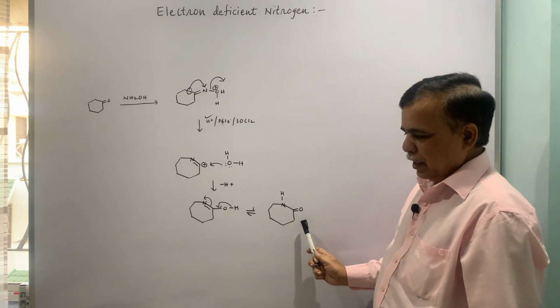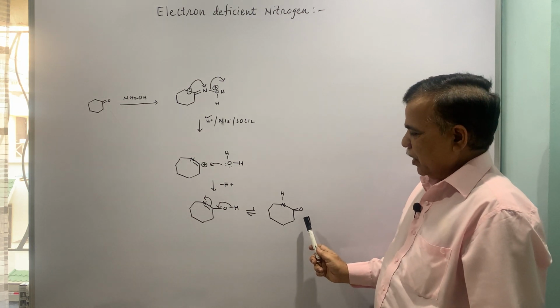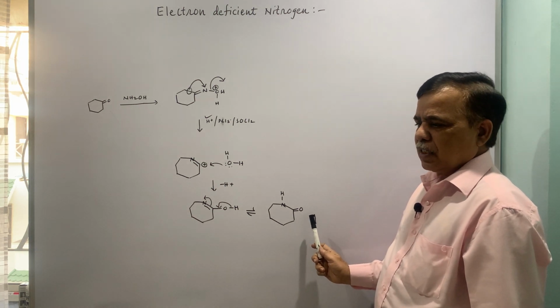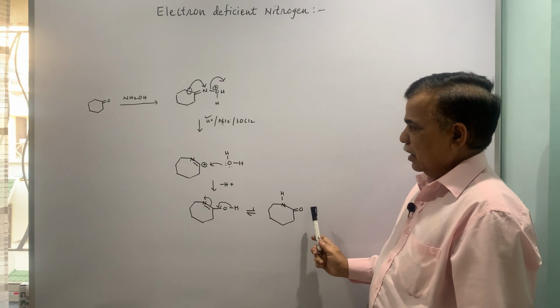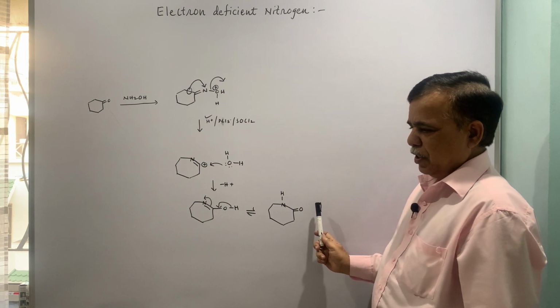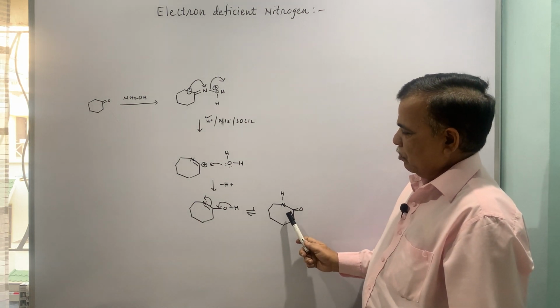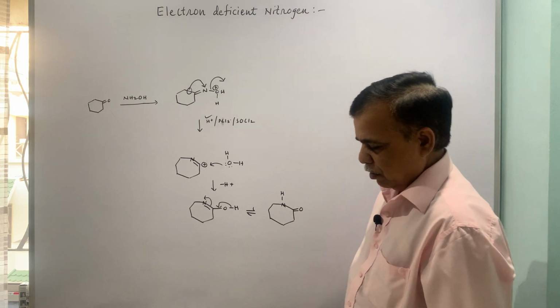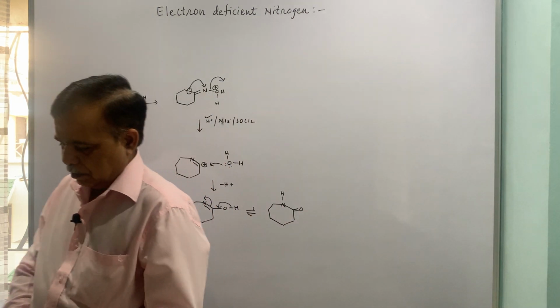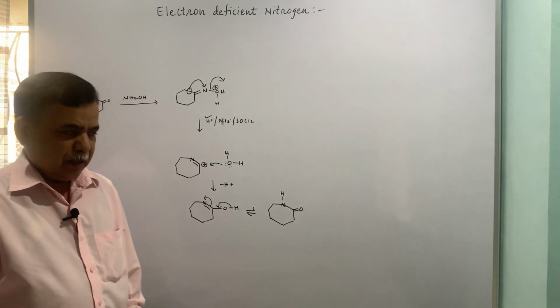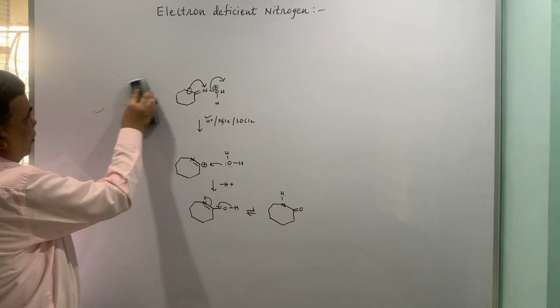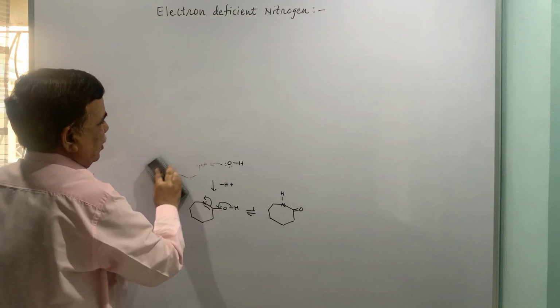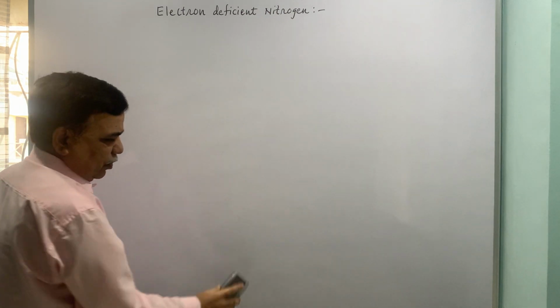Now this is a vital intermediate for the synthesis of nylon 6 and nylon 6,6, the polymers. So this will be a monomer for all those synthetically useful things. Okay. Now let me put some additional examples for this Beckmann.